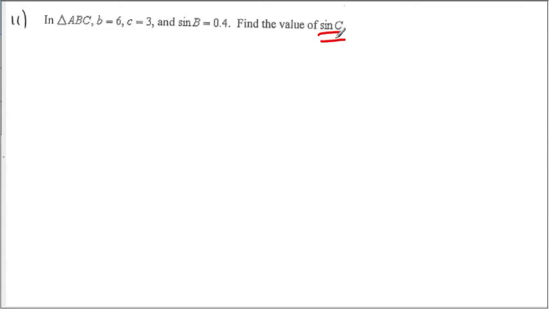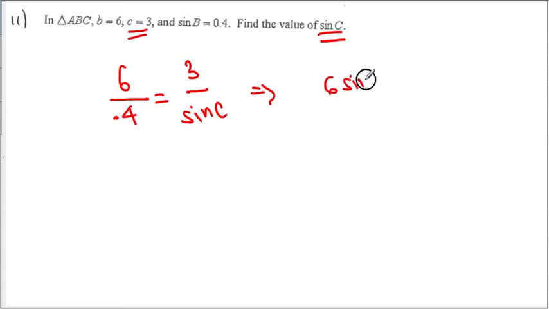Find the value of sine of C. It has to match with this one. Then we end up getting 6 over 0.4, because b over sine of B is in that order. So c is equal to 3, the length of that side, over sine of C. Once again, by cross multiplication, we get 6 sine of C is equal to 1.2, by multiplying 3 times 0.4.